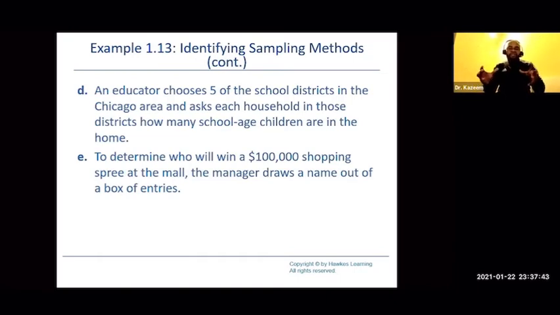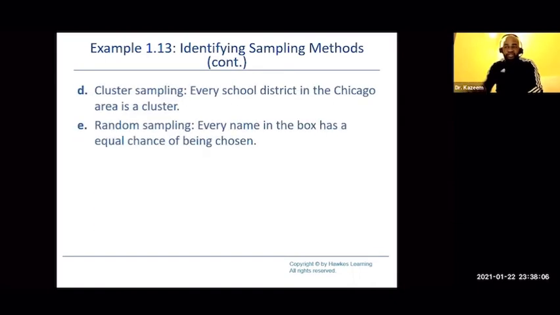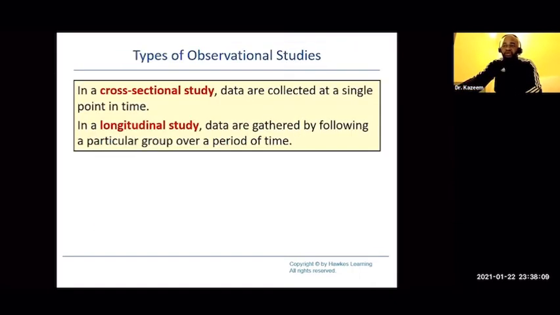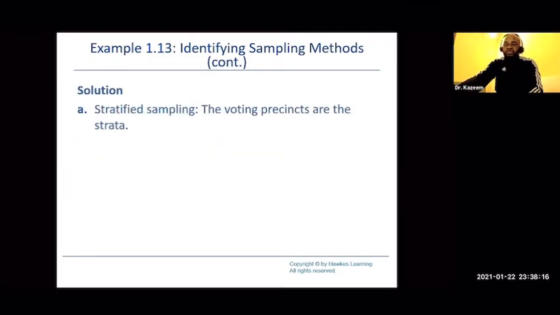I mean, this particular school district has students that are sophomores, juniors, and so on. So when you decide to choose any 5 school districts, that's a cluster, because all the school districts are more or less the same. That was the reason why I chose cluster. Take a look at it, because every school district in the Chicago area is a cluster.